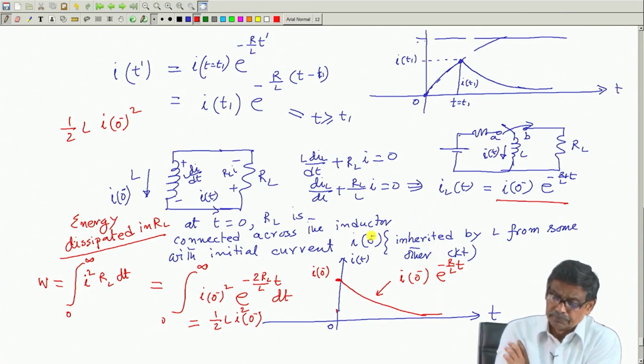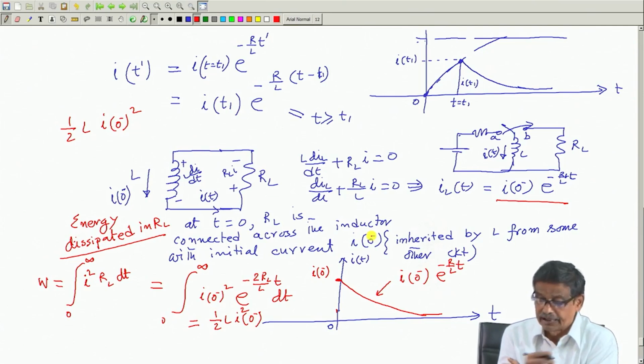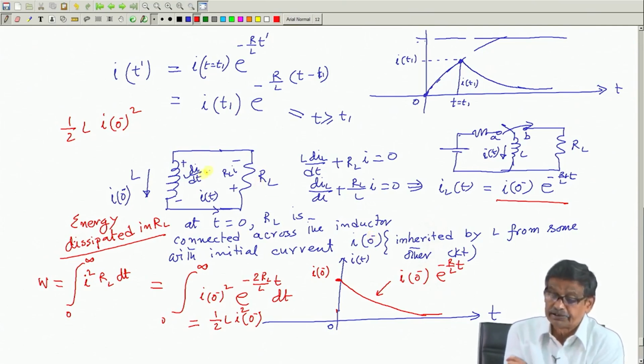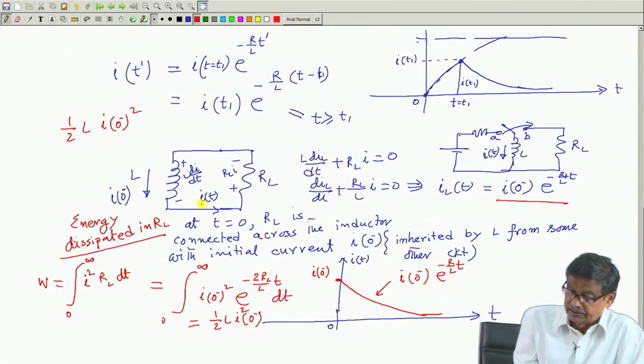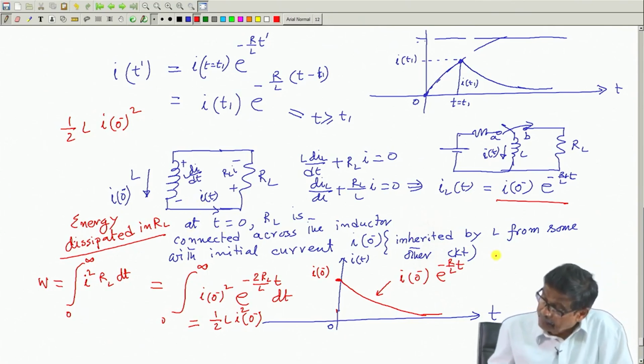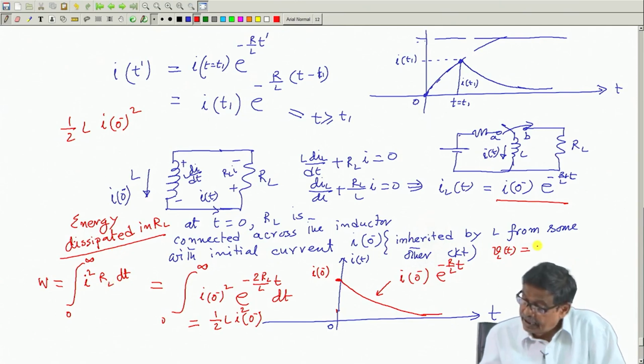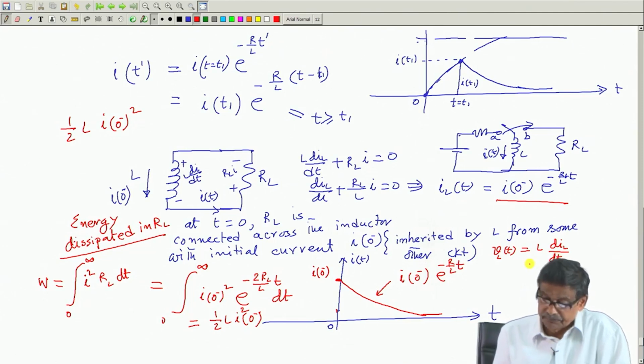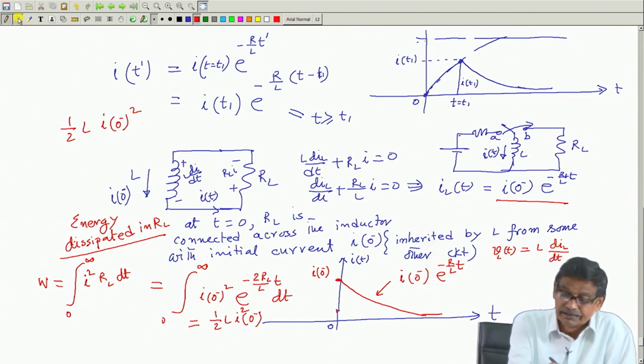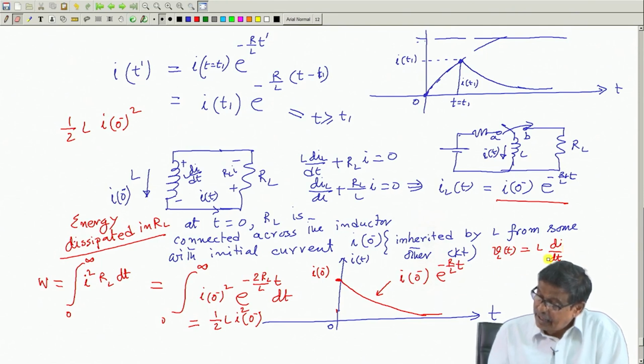If you like to know how the voltage across the inductance changes with time, you can also do that, because the expression of i_L is known. Voltage across the inductance for t greater than 0, how to find out? v_L(t) will be equal to the potential of this point with respect to this, which will be L d i_L dt, it is not di dt, it is d i_L dt.